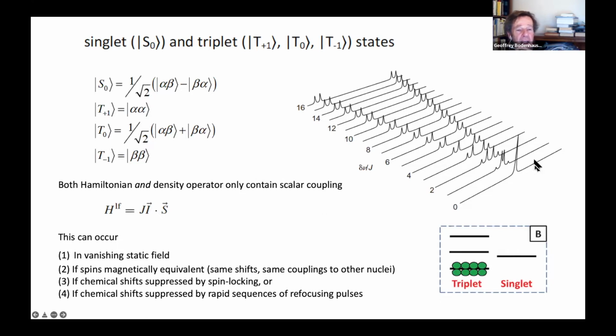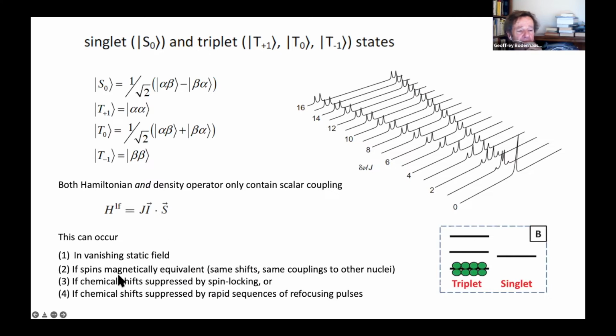Now, if we have a completely equivalent system of 2 spins, the Hamiltonian is very simple. It's just J times vector I dot vector S, or if you prefer XX plus YY plus ZZ, and that is the Hamiltonian. But it is also the only term in the density operator. And of course, these two commute, which implies that the Hamiltonian has no effect.